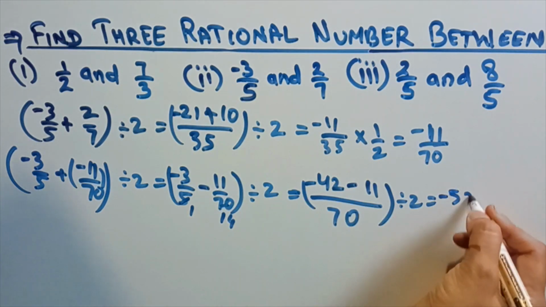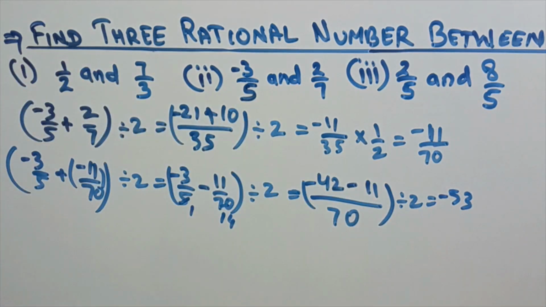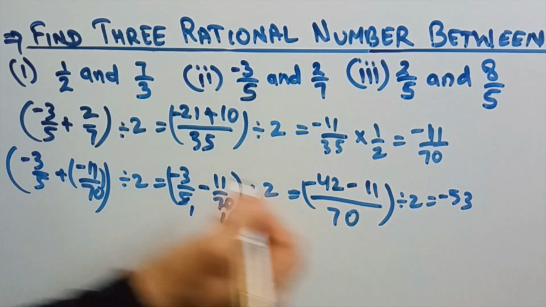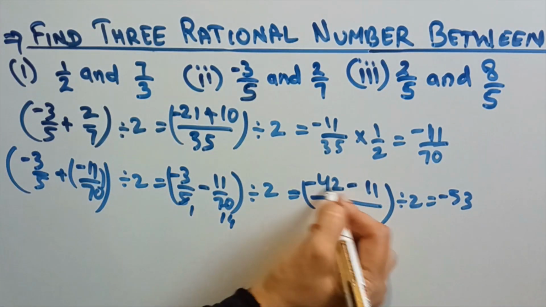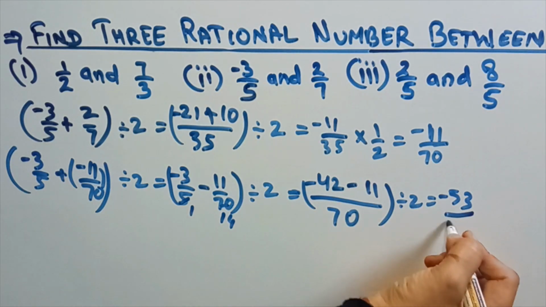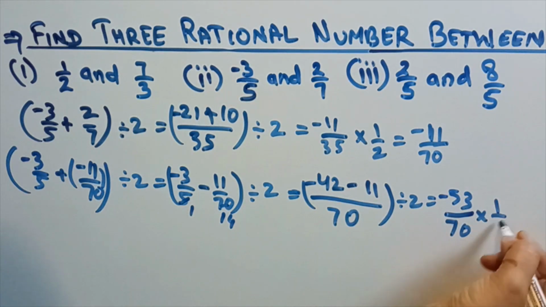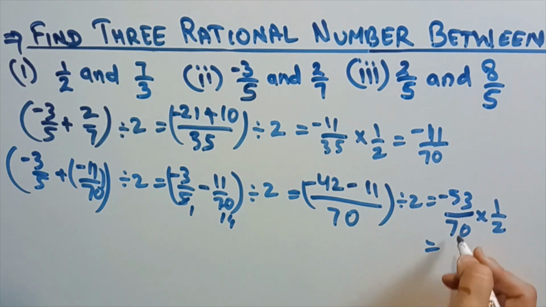Minus 42 and minus 11 is 53. Minus 53, because minus minus is always plus, but we are writing this with a minus sign because both numbers are with a negative sign. So we will write this with a minus sign. Minus 53 upon 70 into 1 by 2. So 70 twos are 140, minus 53. This is the second one. Now we have to find the third one.